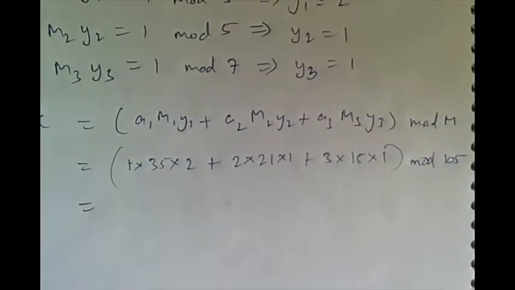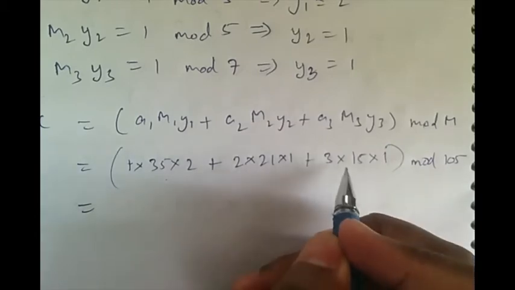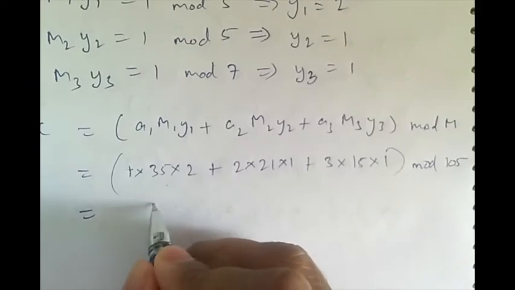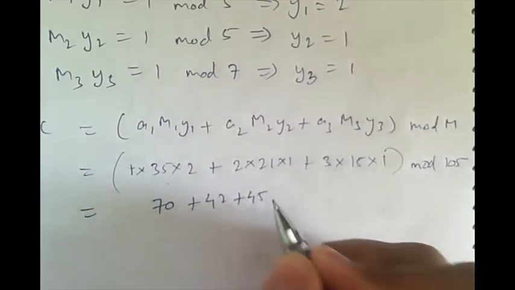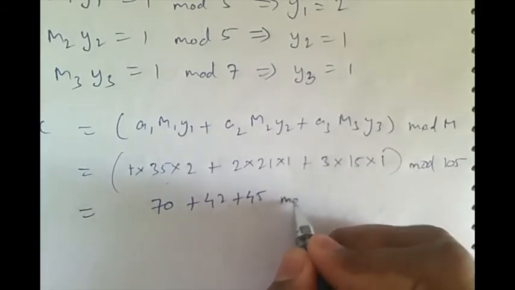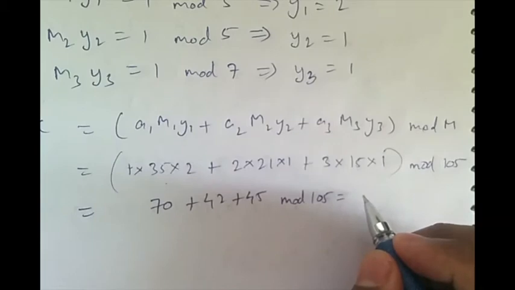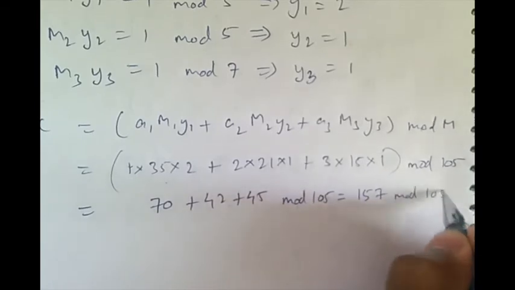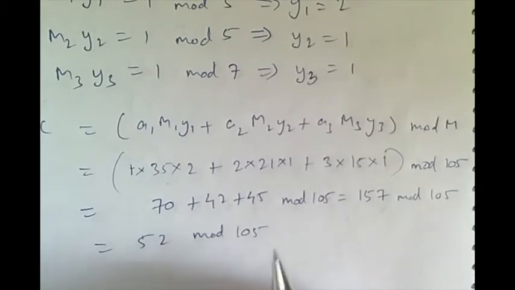So this is 70 plus 42 plus 45, which is 157 mod 105, which is 52 mod 105.